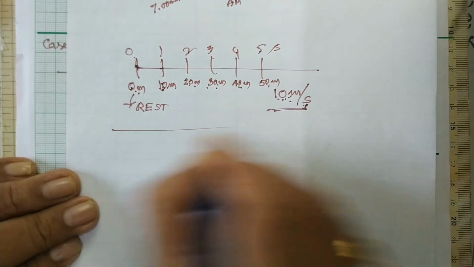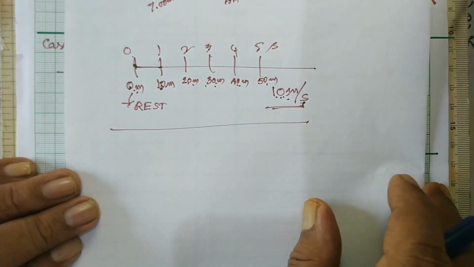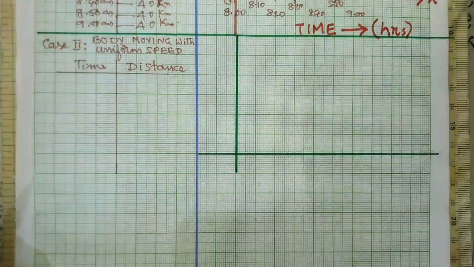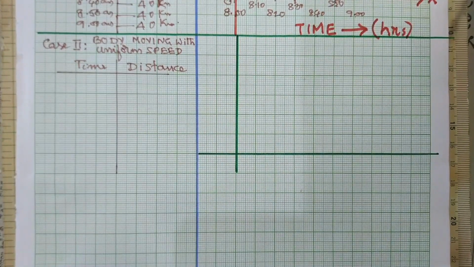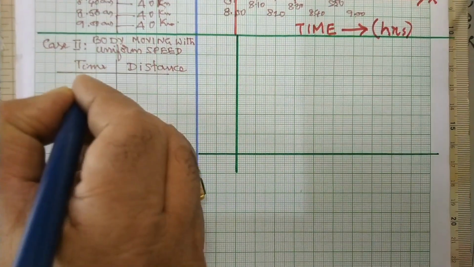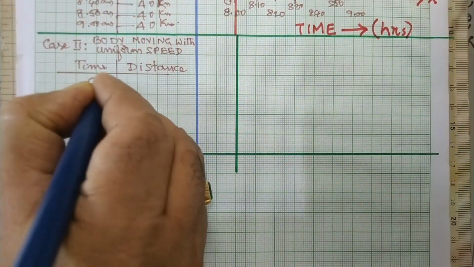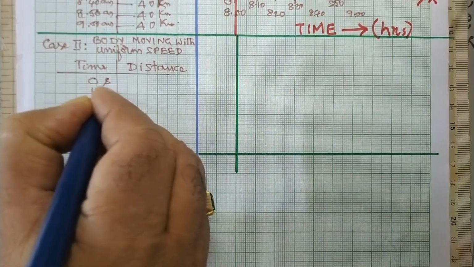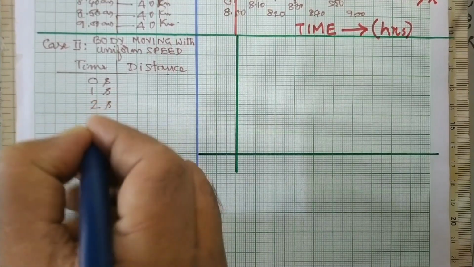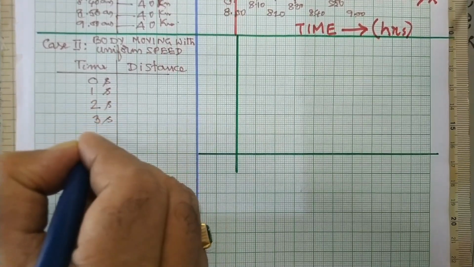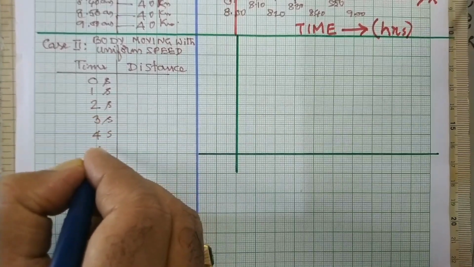Okay, this one I'd like to put first in the table. This table, you know very well. Here I am drawing it ready for you to save your time. I have drawn this table already. First, I'll take 0 second, then after 1 second, then 2 seconds, 3 seconds, 4 seconds, 5 seconds.